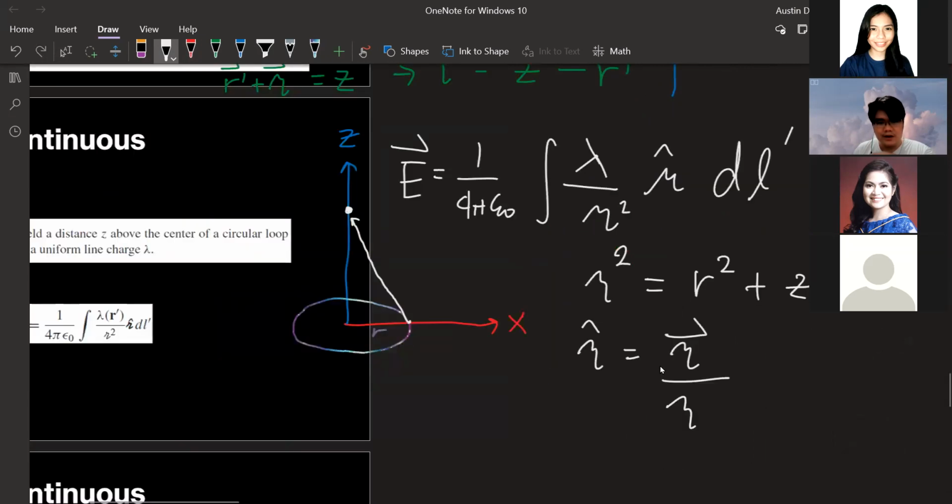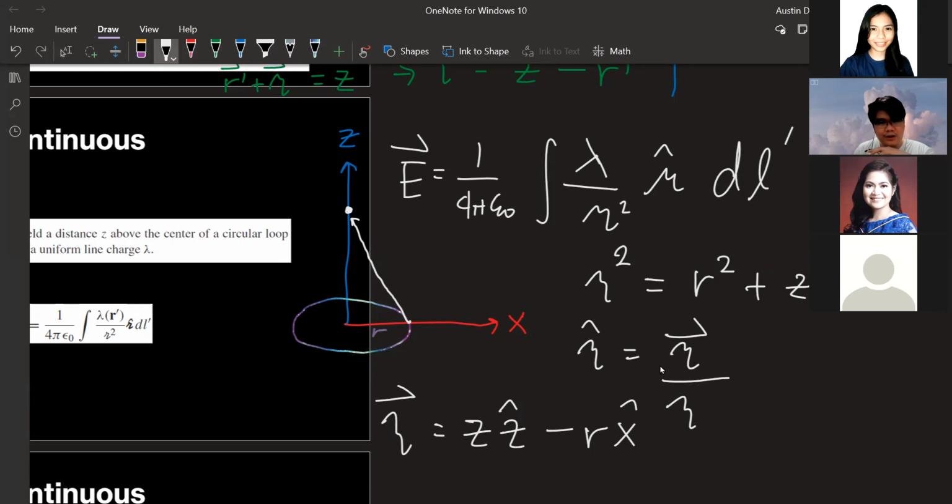Okay, curly r vector will be, again, z hat, tapos minus yung r, x hat. Okay, r na siya ngayon kasi constant yung radius.